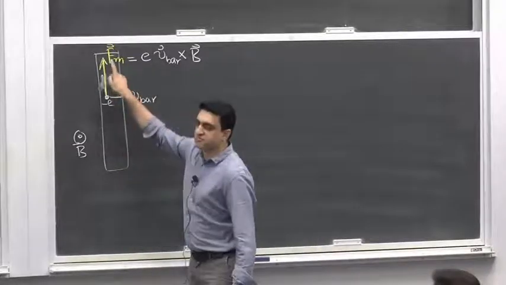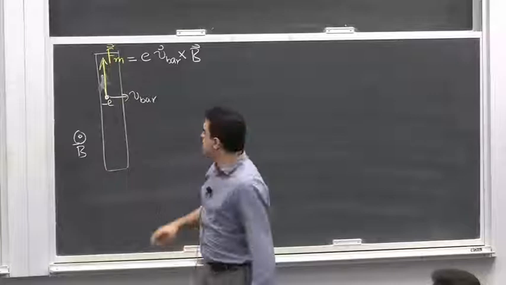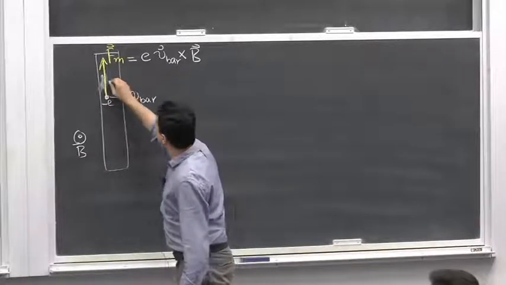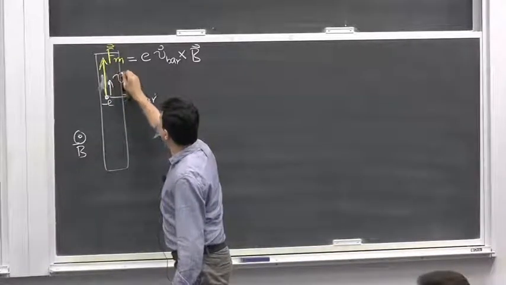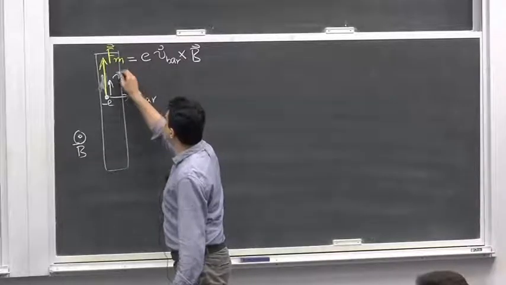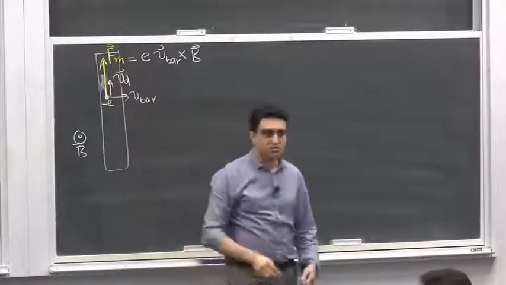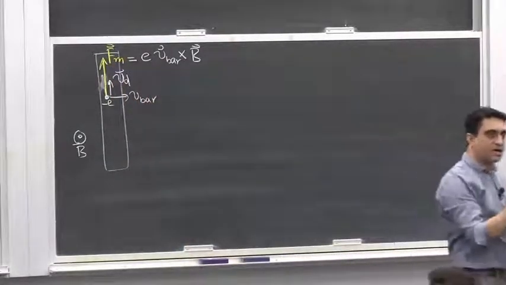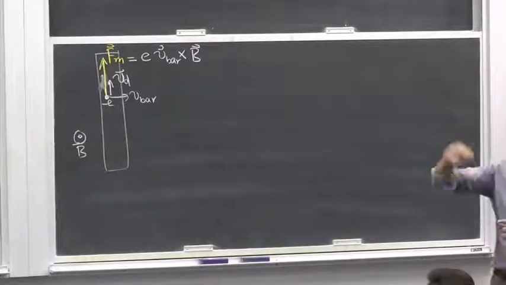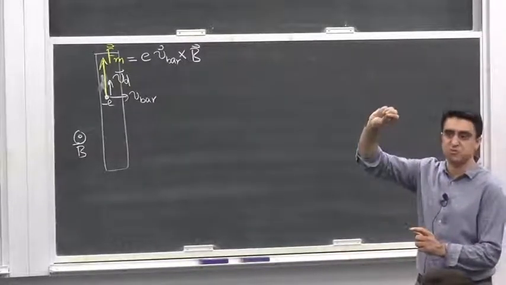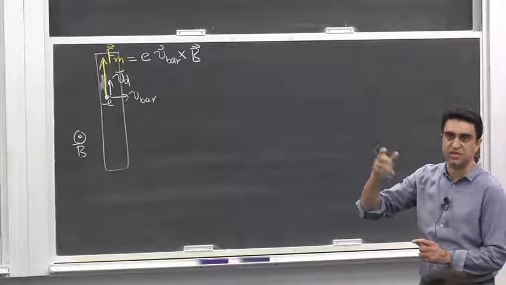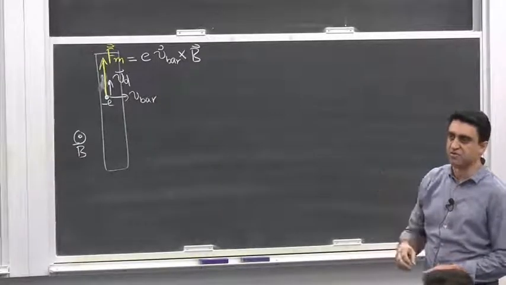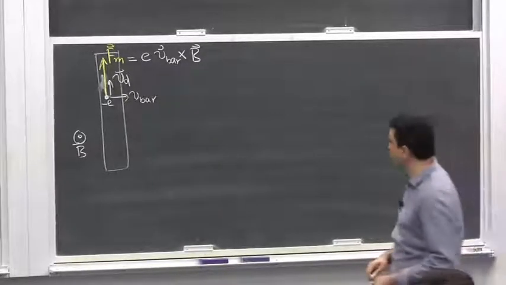What would happen because of that force? This electron would have a velocity in that direction, and there would be a certain drift velocity in that direction. So if you apply a force on an electron inside a conductor, that electron moves with a drift velocity and not with the velocity of a free particle. That's what we have already seen.